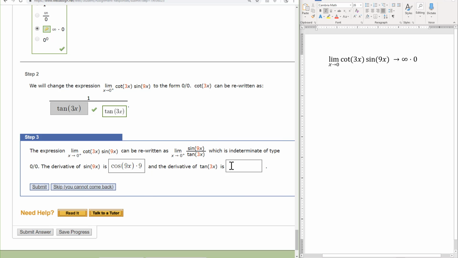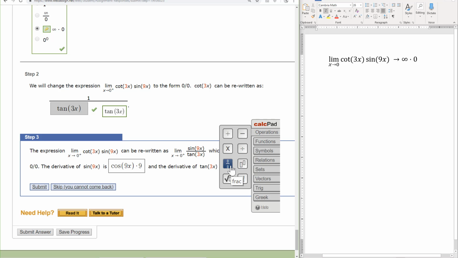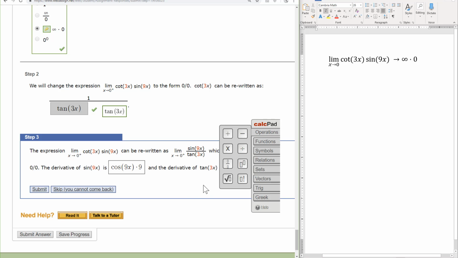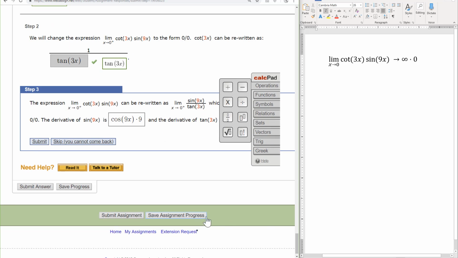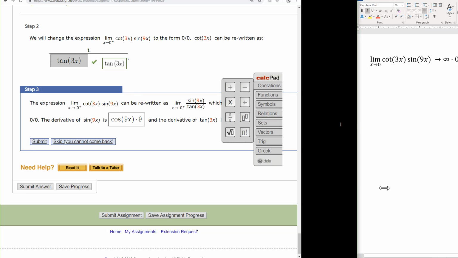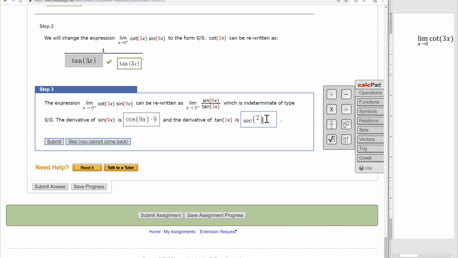Derivative of tangent. So if we remember the derivative of tangent, I think that's a secant squared. So let's see. I might need to stretch this out so I can see what I'm doing.